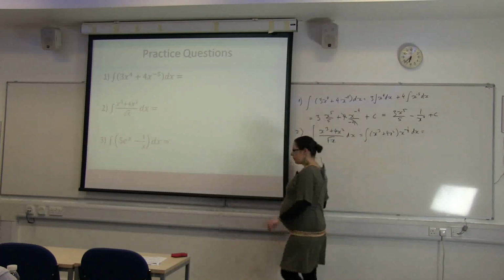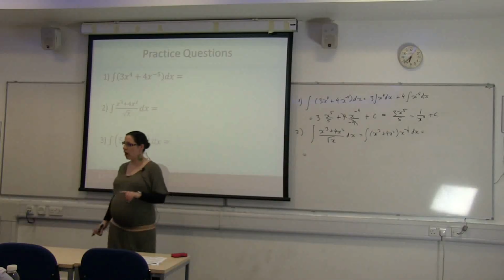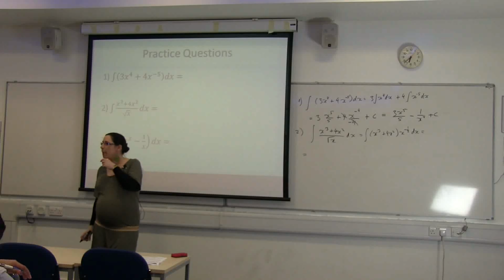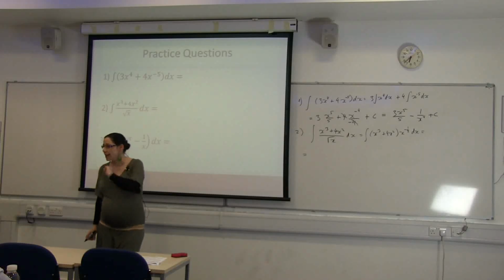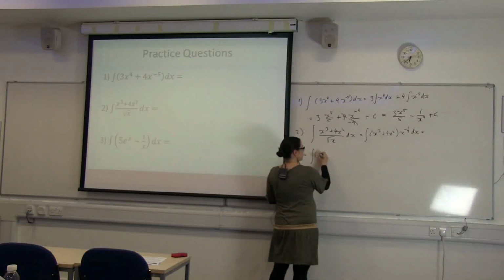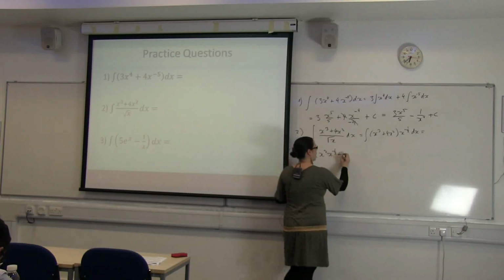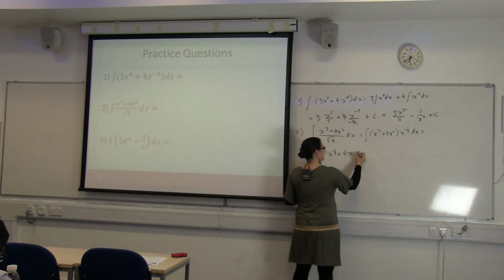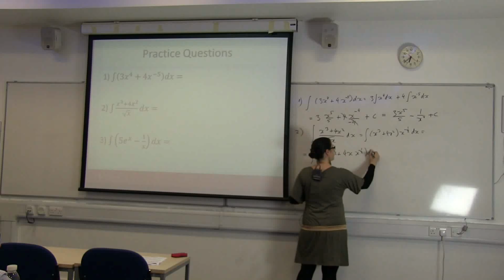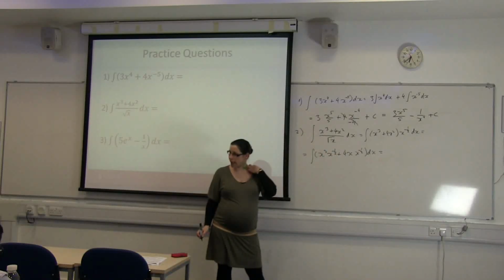But that's still a multiple, and I don't know anything about multiples so far. You just multiply it out. Exactly, you just multiply it out. So that will be the integral of x cubed times x to the minus half plus 4x squared times x to the minus half dx.